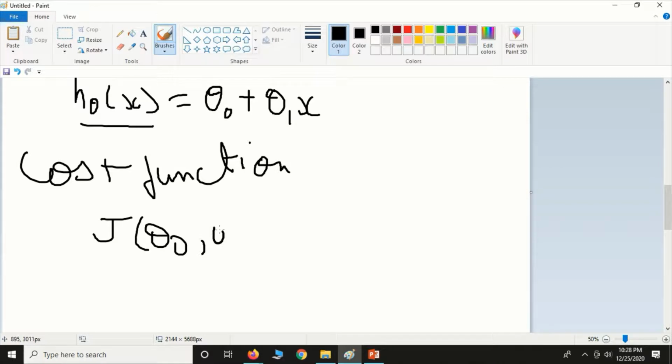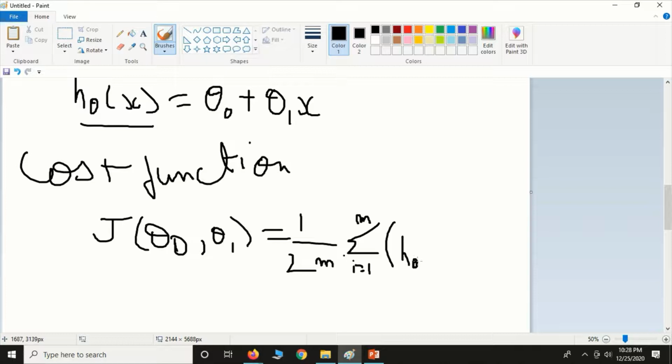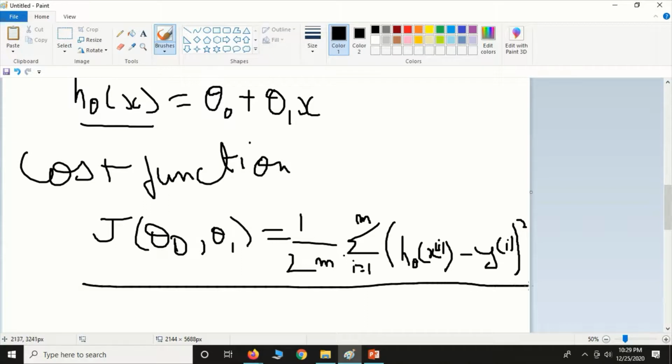J of theta 0, theta 1 equals 1 by 2m, summation from i equal to 1 to m, of h theta of x to the power i minus y to the power i, the whole squared.